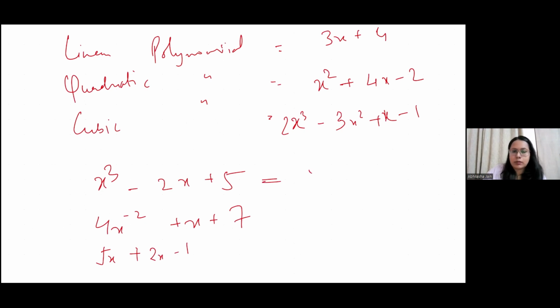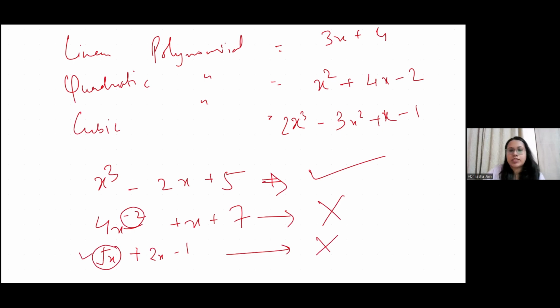Yes. Is this polynomial? No. Why? Because the power is -2. Is this polynomial? No. Why? Because there is an irrational variable present in the equation. So this is not a polynomial. Is that clear? Does that make sense?